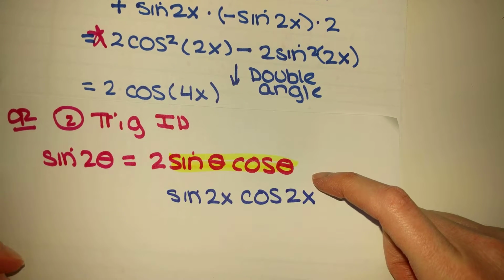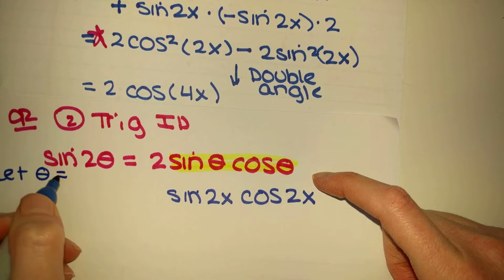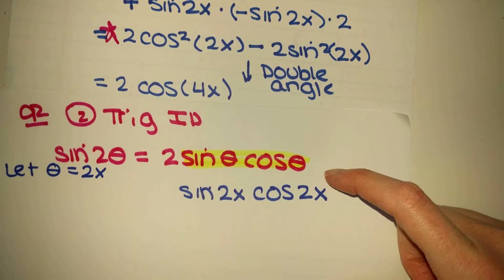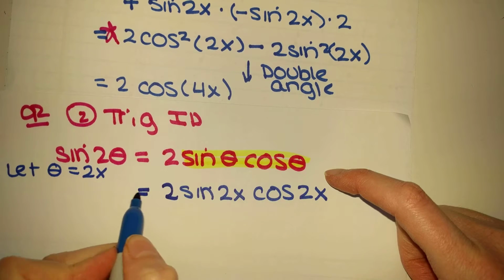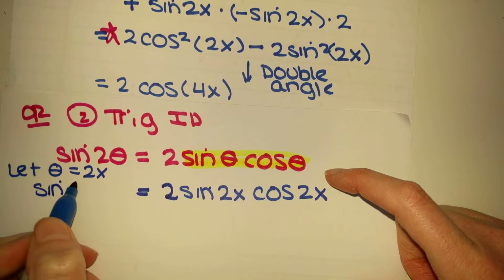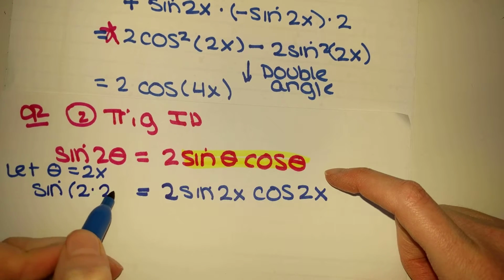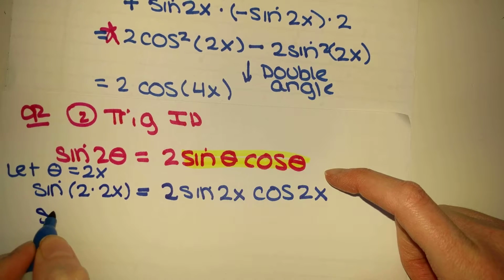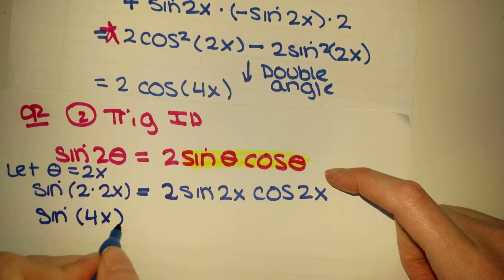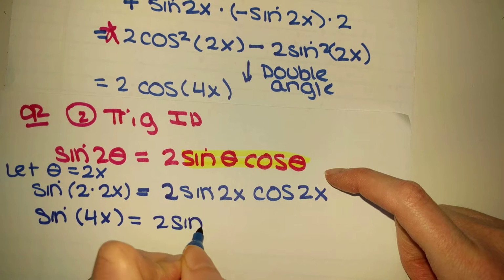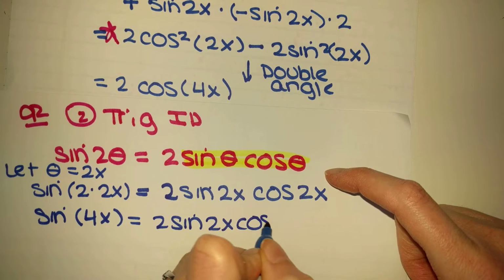So if we line this up, what we want to do is we want to let theta be equal to 2x. So if we let theta be equal to 2x, this identity will become sine of 2 times our theta, which is 2x. So we will get sine of 4x is equal to 2 times sine of 2x cosine of 2x.